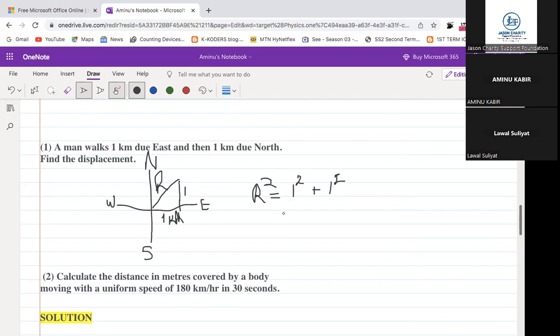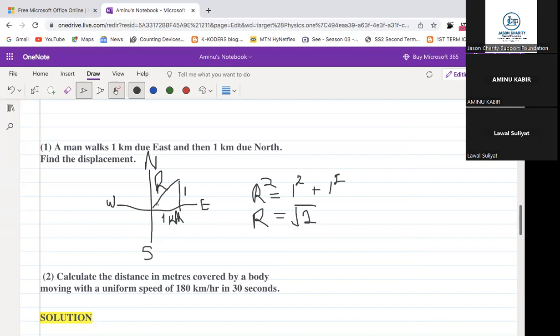If we do this without wasting time, looking for R alone, 1 squared is 1, 1 squared is also 1. So 1 plus 1 is 2. So to find R, we're going to find the square root of 2.